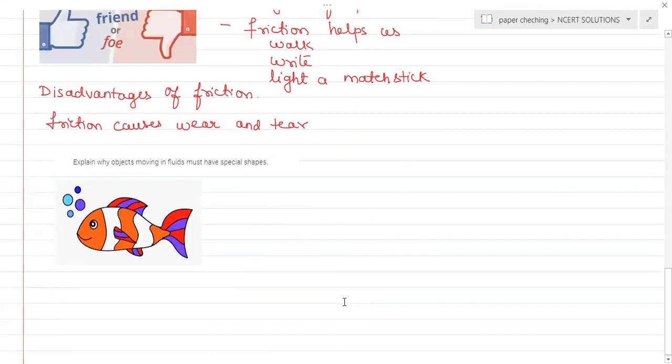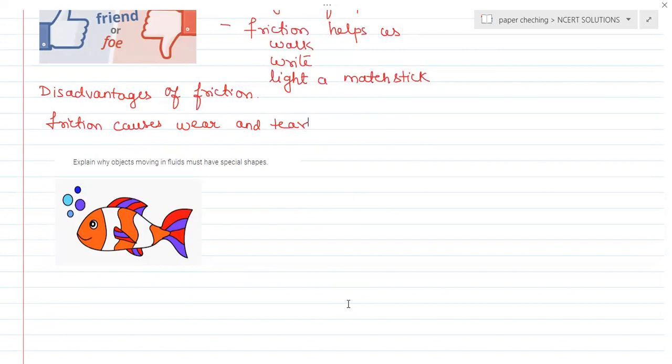Coming to the next question, explain why objects moving in a fluid must have a particular special shape. This is a very important question, but easy to answer, because for fluids, both liquids and gases, we need a streamlined body shape. So let's write that.